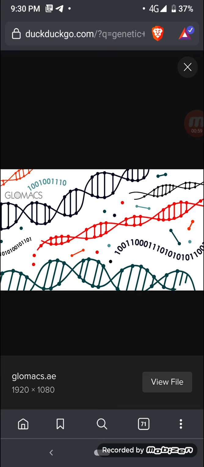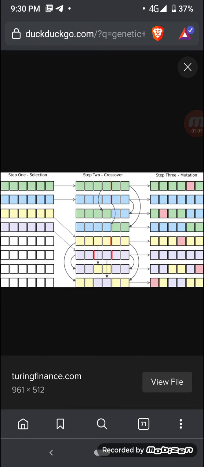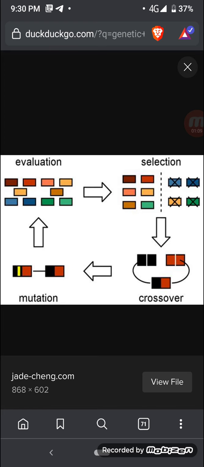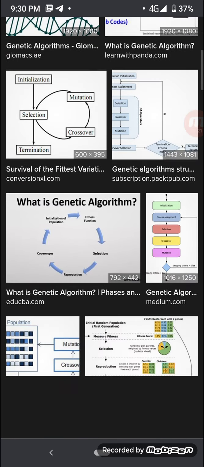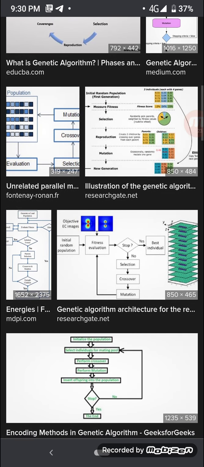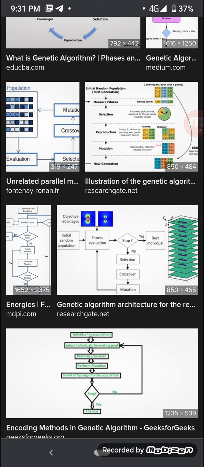Now this genetic algorithm, any information you feed it, it changes it into a binary system and does the mutation, crossover, then it makes the data evolve and it finds more information in the data and can also make it gain structure.